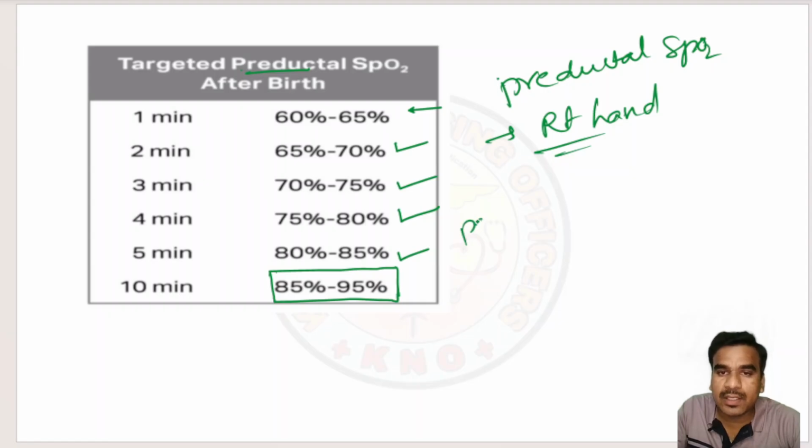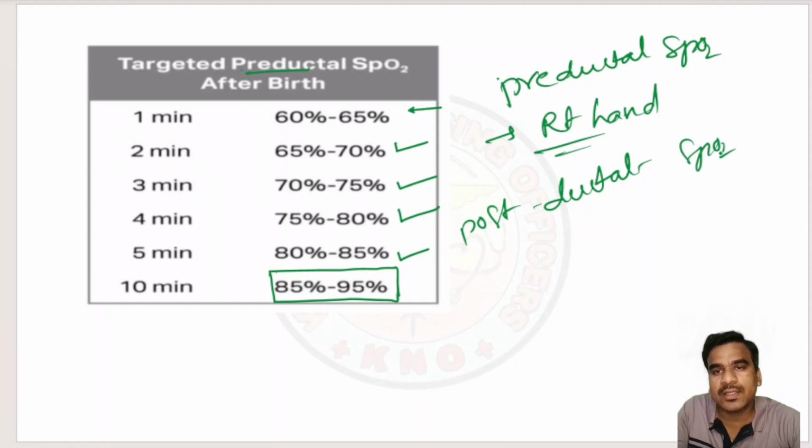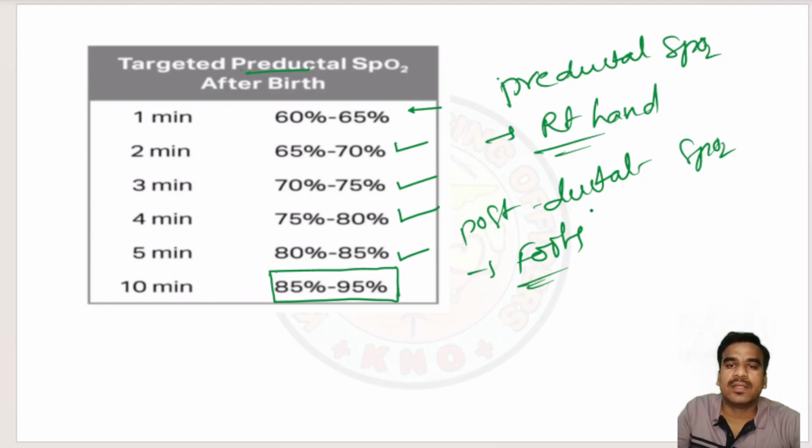Post-ductal SpO2 is assessed in the limbs, that is the foot. We can assess the post-ductal SpO2 in the foot and the pre-ductal in the right hand. Post-ductal means the blood has already crossed the ductus arteriosus. Blood passes through the ductus.